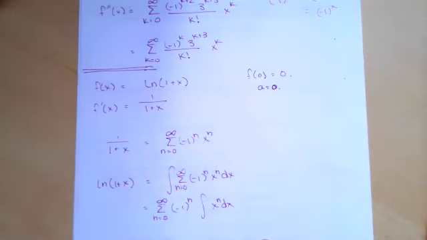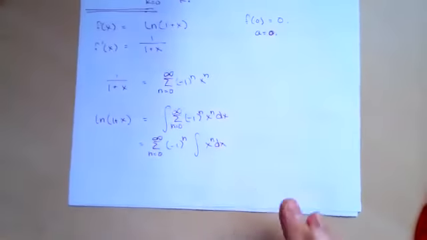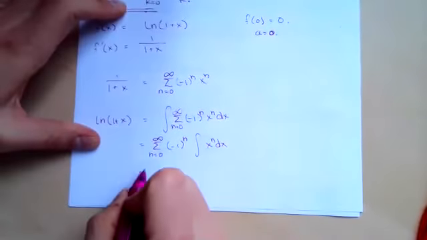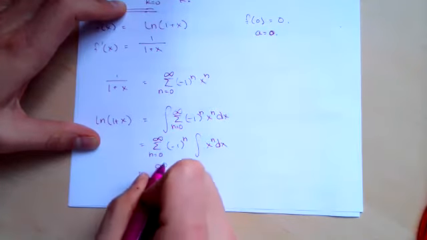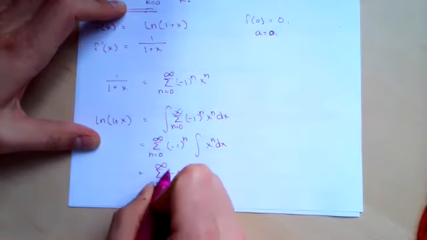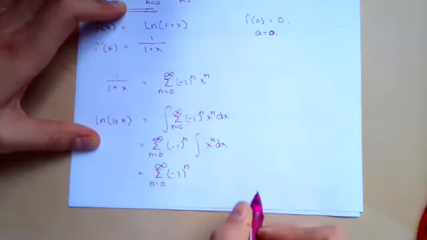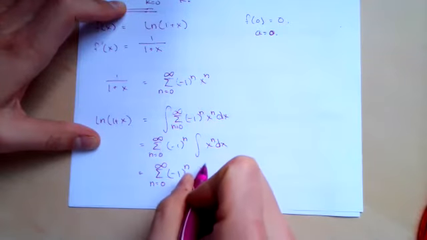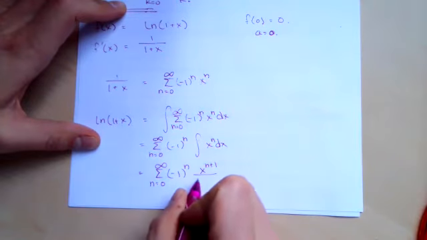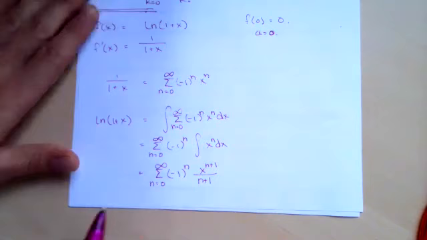We integrate term by term. And what do we get? We should get x to the n plus 1 over n plus 1.